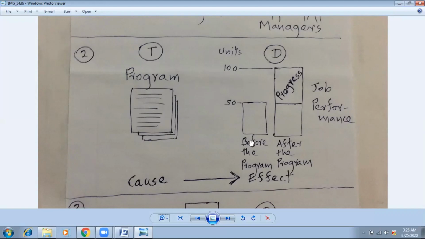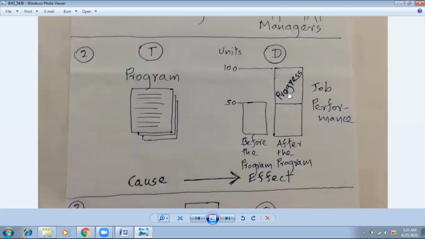What is this? Before the program, number of units produced 50. After the program, the number of units produced 100. There is an increase by 50 units. That is called progress.